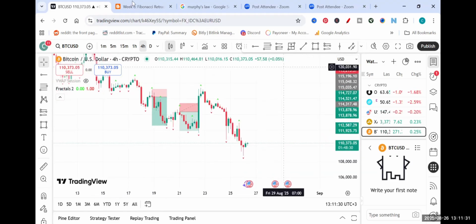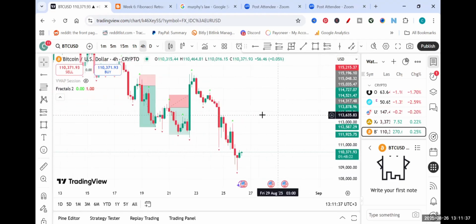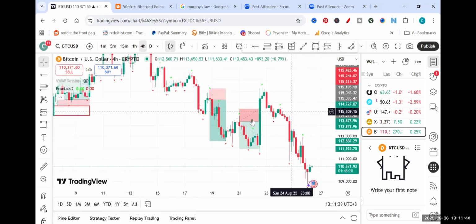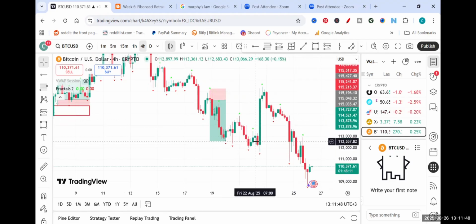In the video that you're going to see on my channel for this topic, I mentioned something called fair value gaps. Fair value gaps are also called imbalances. For example, we normally take 3 candles, 1, 2, 3.